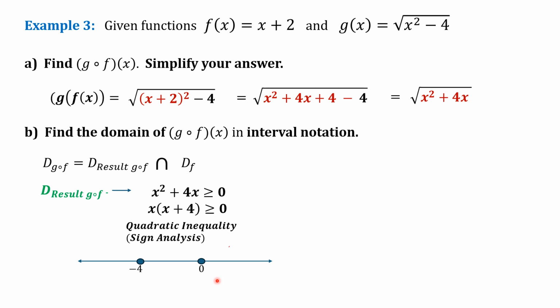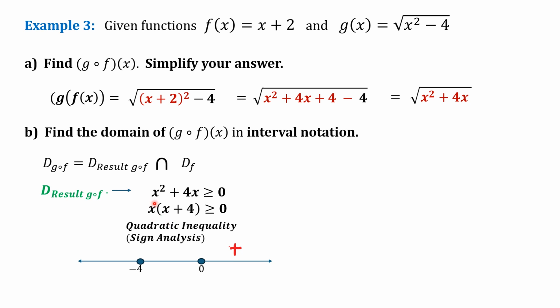And then after that, let us test the sign on the right side by choosing a number to the right of 0, which is 1, and then put 1 in the given function. 1 times 1 plus 4 will give us a positive value. So on this side, the product of these two expressions is positive. Then after that, we can get the sign of the remaining regions by checking the powers of x and x plus 4.